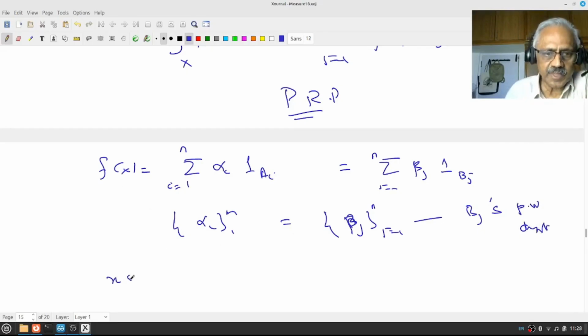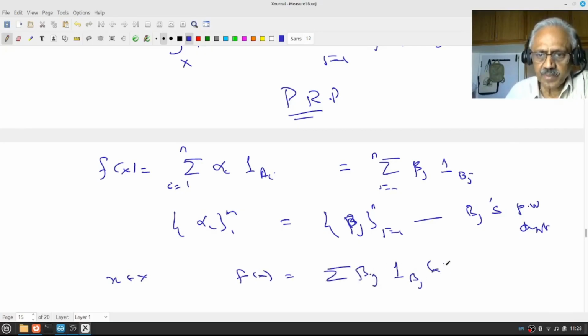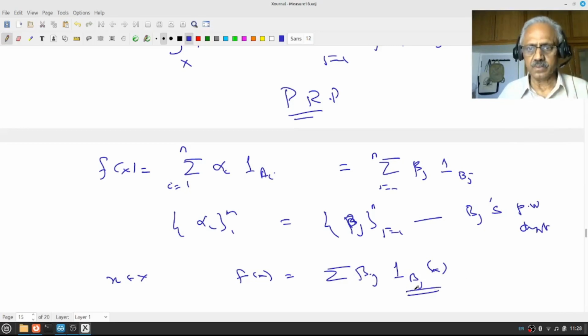Let x belong to X, then f(x) will be the summation of β_j times the indicator function of B_j at x. Therefore, only one term survives, since these are pairwise disjoint, so my x will belong to exactly one of them. You understand that?